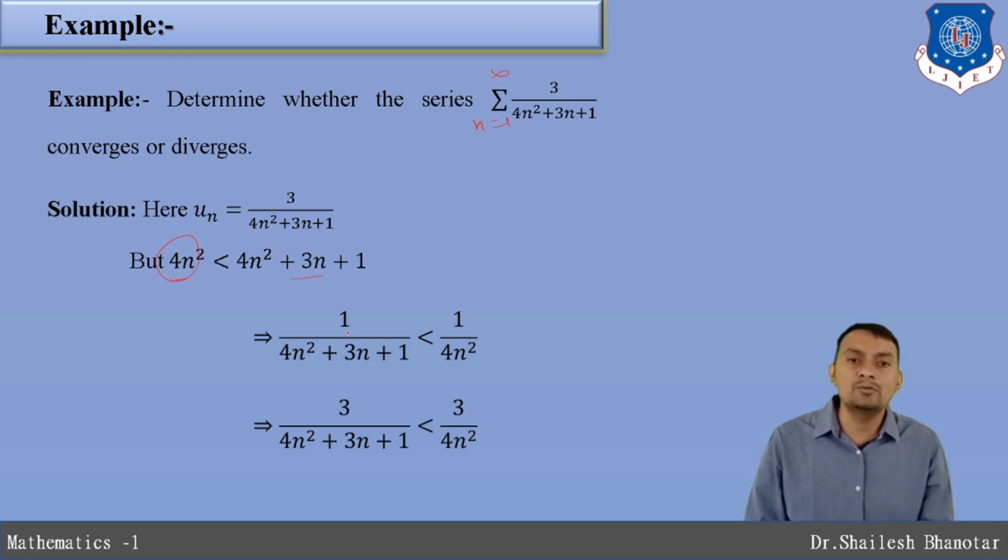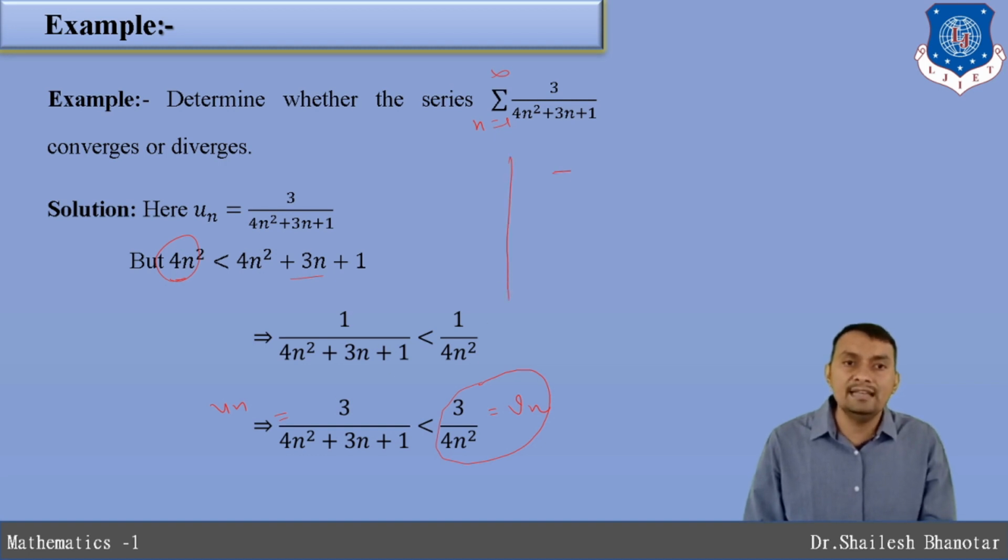When I take the reciprocal, I get this. Assume this is vn and the other is un. If the upper series is convergent, then the lower series will be convergent, and therefore by the direct comparison test we can say that the series is convergent.